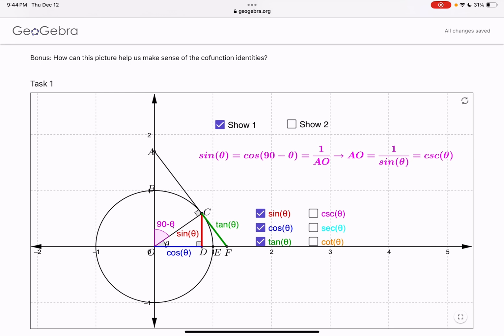And that is one of the cofunctions that we are told in school. Now, similarly, I could write down, well, cosine theta equals sine of 90 minus theta. Or I could say that tan theta is equal to cotangent of 90 minus theta.